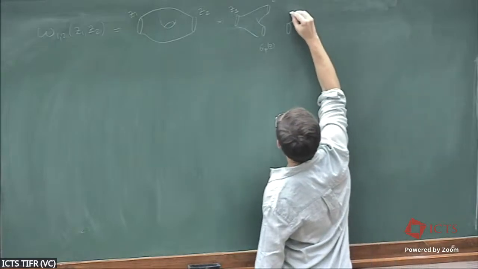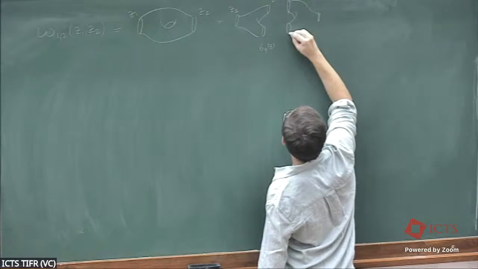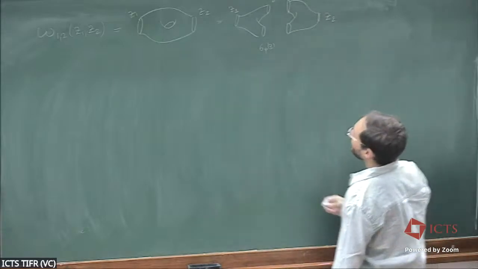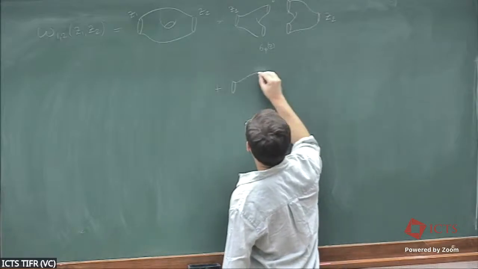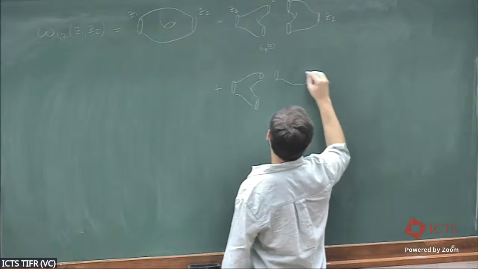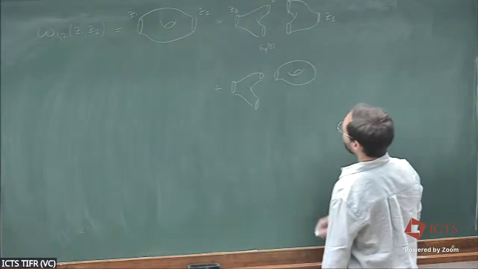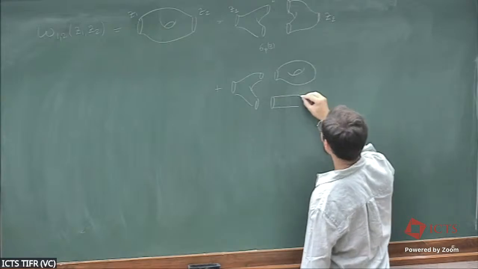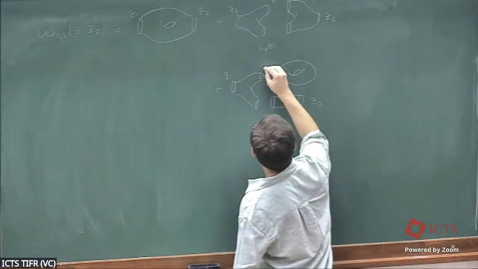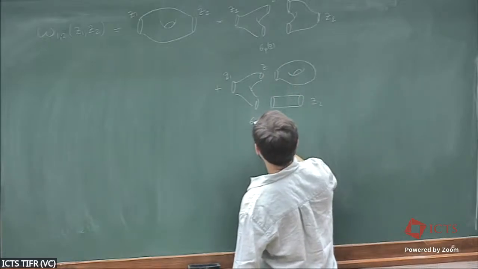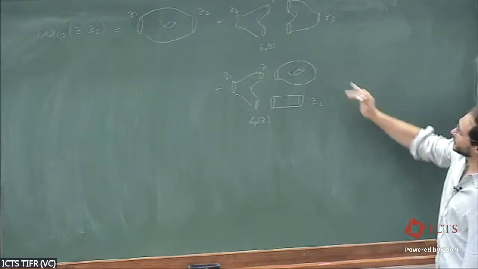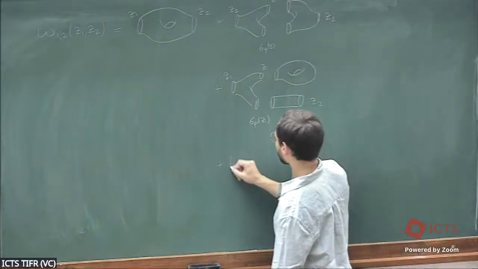Well, I can add another pair of pants like this, and here I will label this as Z2. Or I can add a torus with one boundary component and a cylinder. It would be Z2, Z1, Z, and sigma P of Z. But this combination here is not symmetric, so I can also do the opposite.